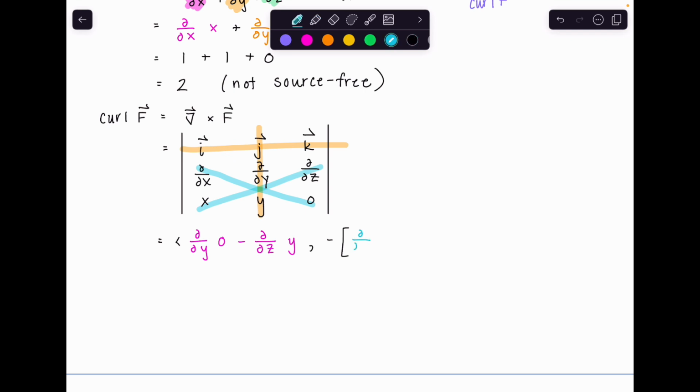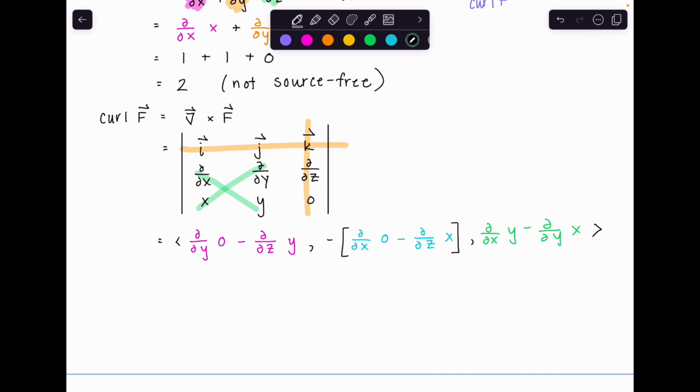So that's the partial with respect to x of 0 minus the partial with respect to z of x. Third component, block this out, and then I do product minus product. So that's the partial with respect to x of y minus the partial with respect to y of x. And so those are all of my pieces.